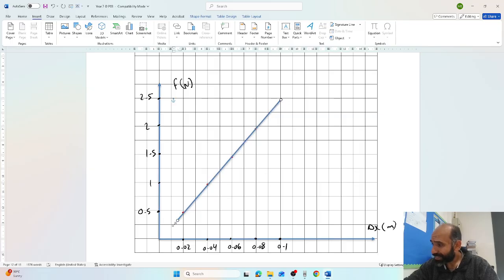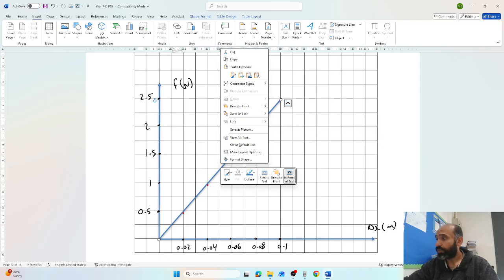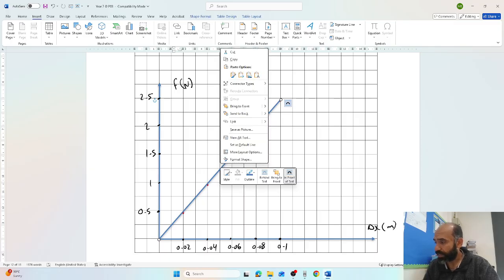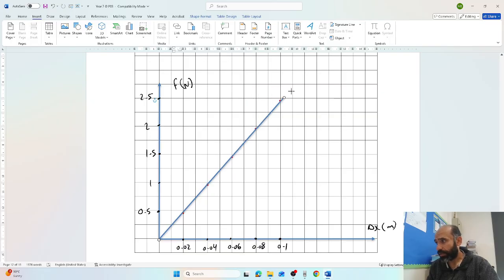And if we just extend this straight line, we will figure that it will start from the point of origin. And if we extend it from this side, we can predict other points.